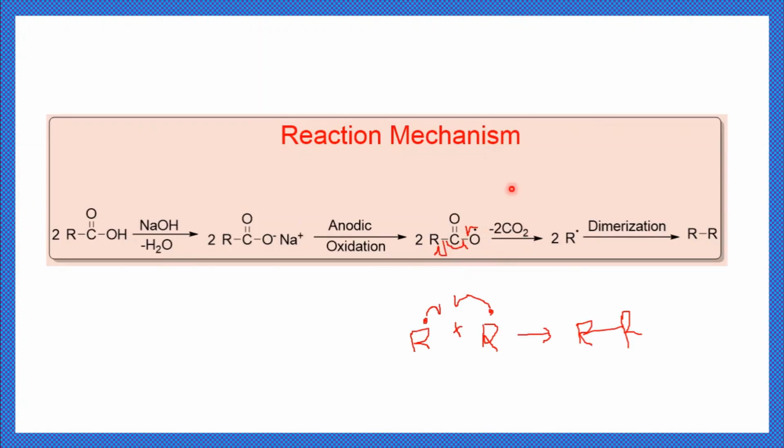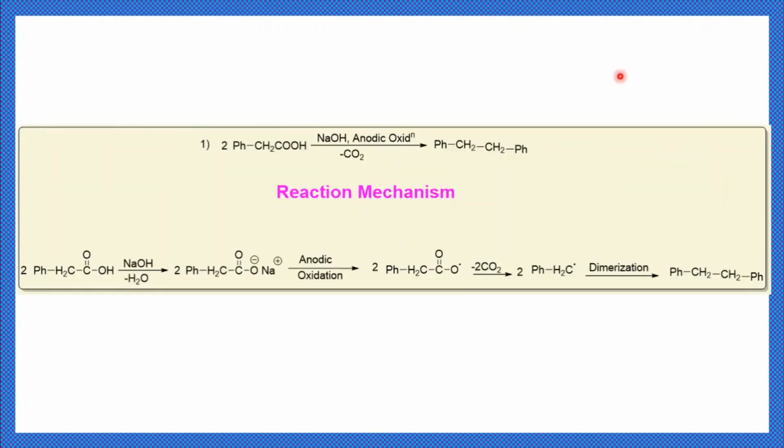How does this decarboxylation reaction take place? This molecule undergoes decarboxylation, and you will get this PhCH2 radical.